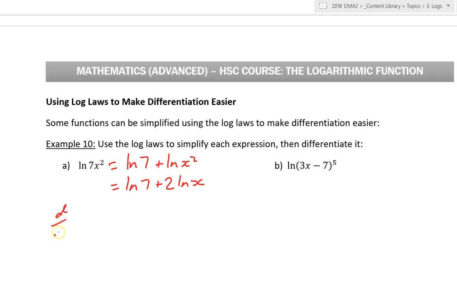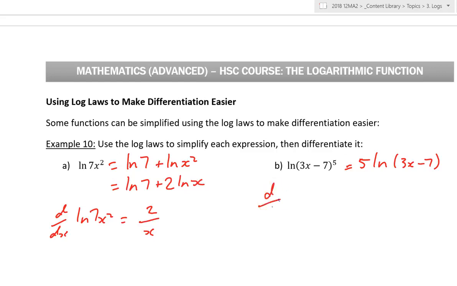So d/dx of the log of 7x squared, which is what we want to do, is the differential of this. Now that's a constant, gone. This one here, 2 over x. Beautiful. That's far easier, it's much nicer. And again, we did the same thing here. So this is going to be equal to 5 times the log of 3x minus 7.